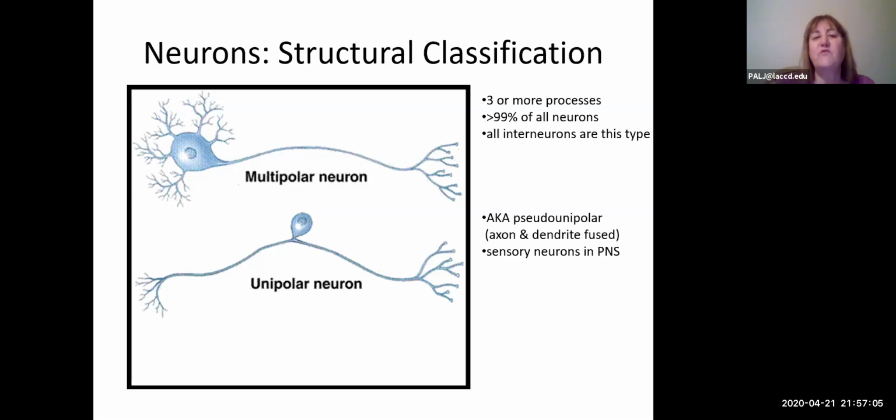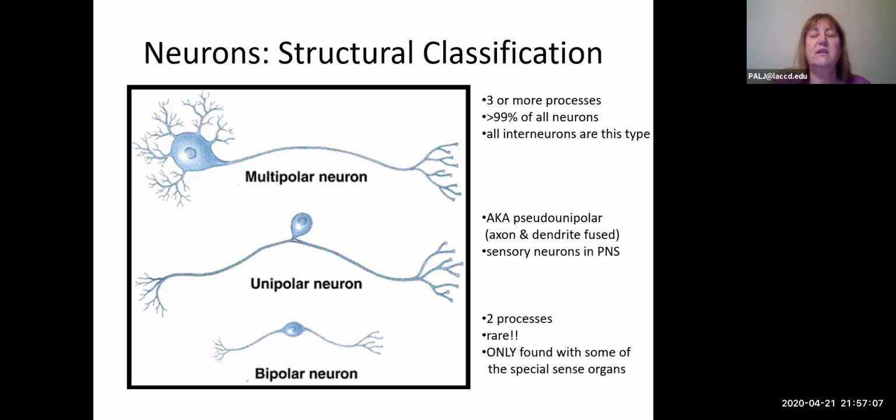The third and final structural classification is called a bipolar neuron because it has two processes. These are the rare ones. Okay? The two processes are one axon for outgoing and one dendrite for incoming. And the cell body is found in the middle, kind of like this.